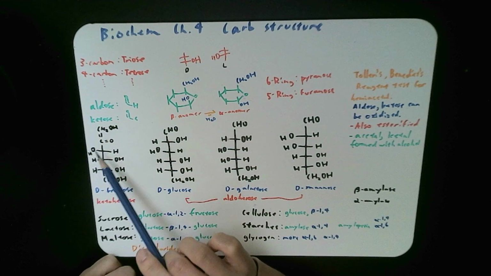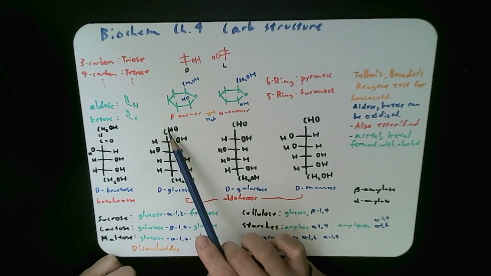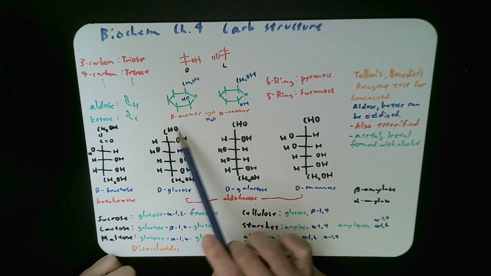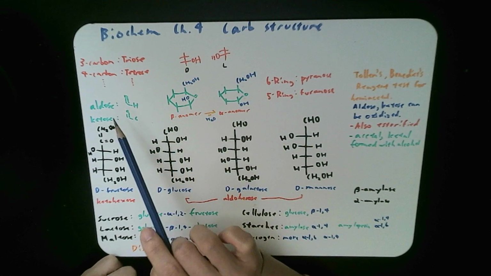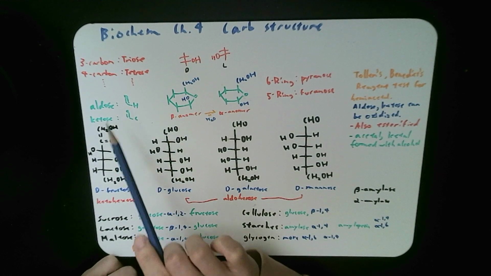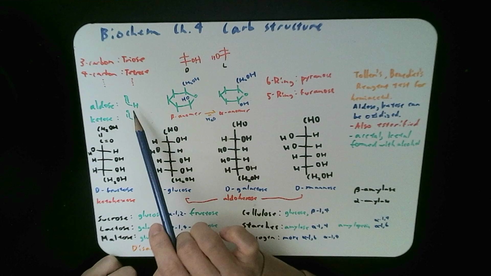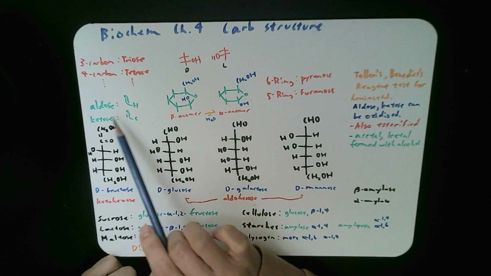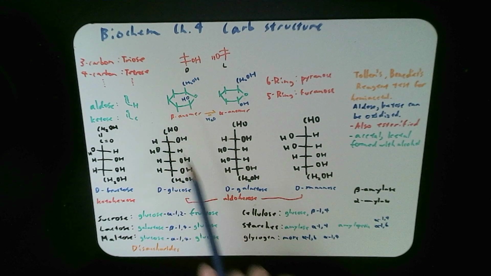Whereas here, in the CHO, the C is only double bonded to O, and the other side is H, so that is an aldehyde, which makes it an aldose. Aldose is the carbonyl carbon bonded to H on one side and C on the other. Ketose is C on either side of the carbonyl carbon.